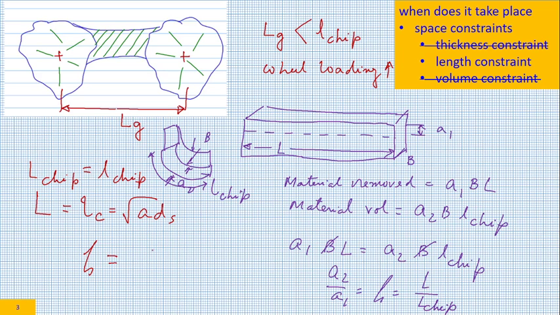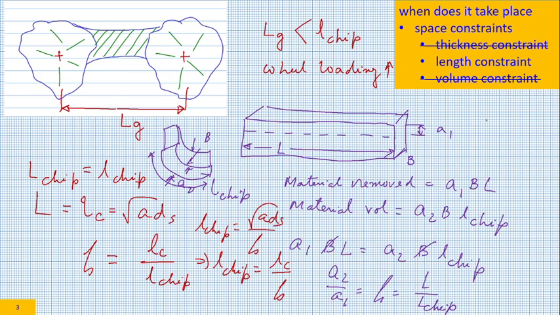So zeta becomes your LC divided by L chip, and in that case, L chip can be calculated as LC divided by zeta, which is root over A ds by zeta.